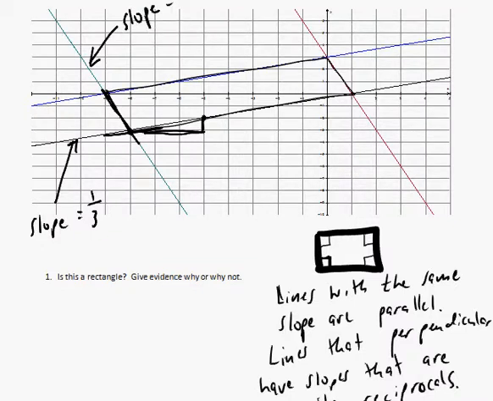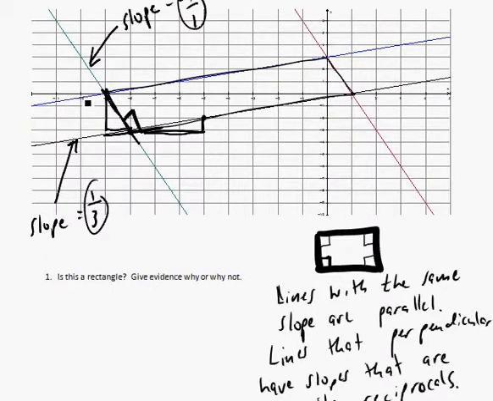We can see that from this point to this point, we are going down 3 and over 1, so its slope is -3/1. And we see that these slopes are indeed opposite reciprocals, which means that this is a right angle.